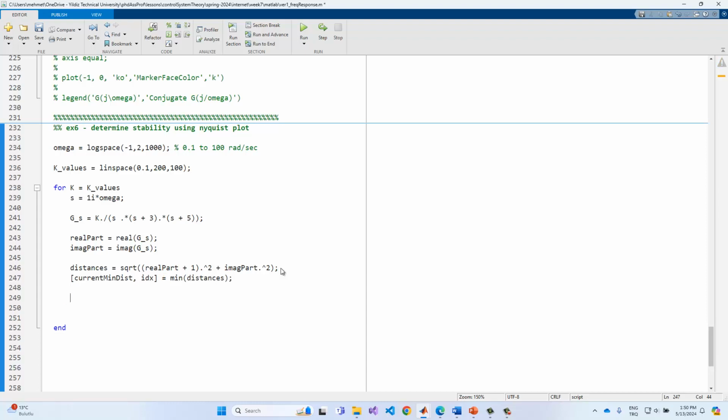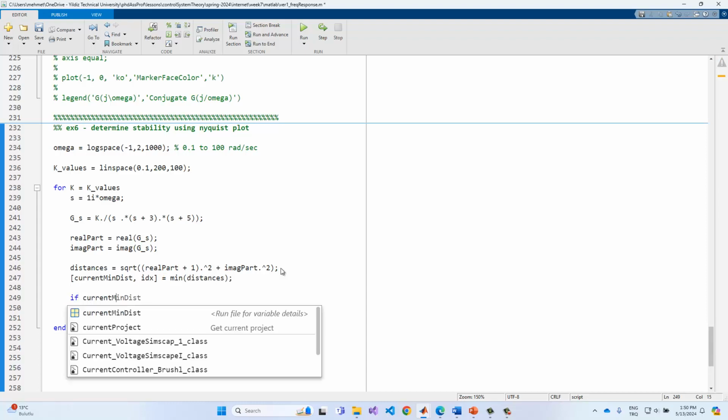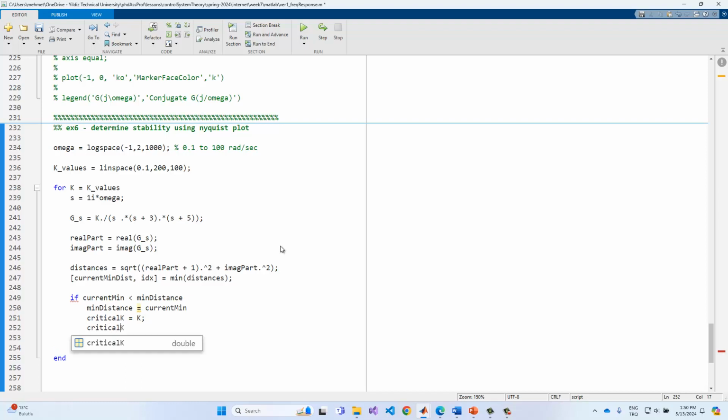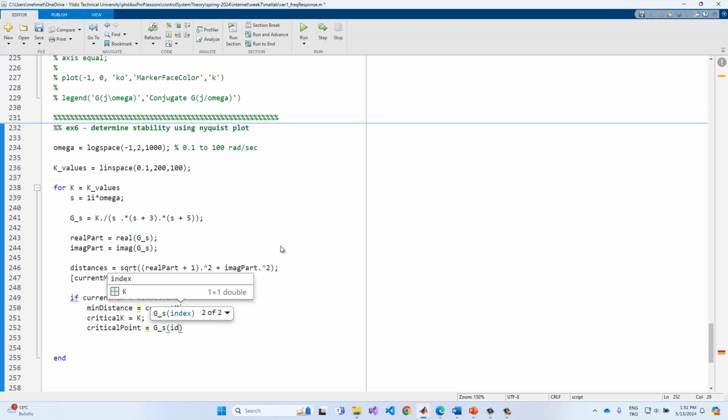And so in this case, if the current mean distance is smaller than the mean distance, then the mean distance is equal to the current mean distance, and the critical K can be assigned with the K, and also the critical point can be assigned with the GS IDX, right?